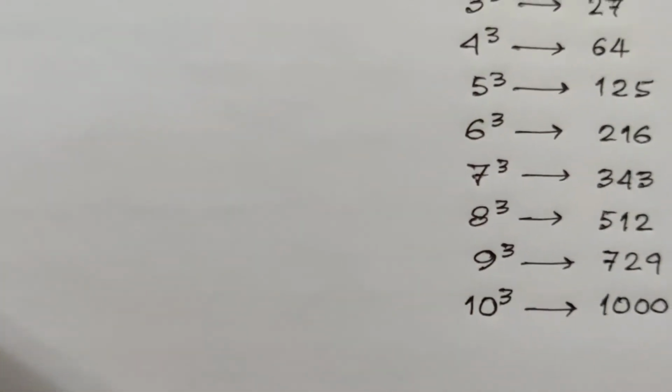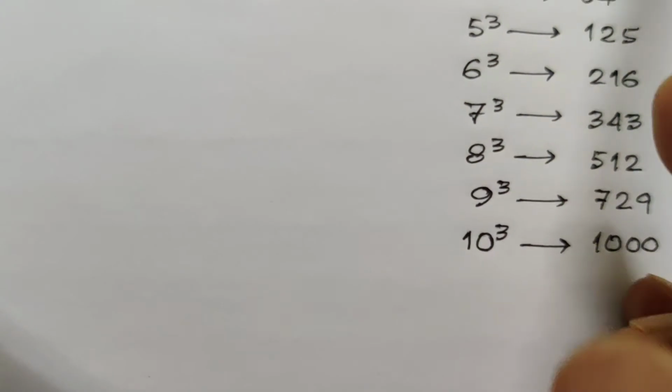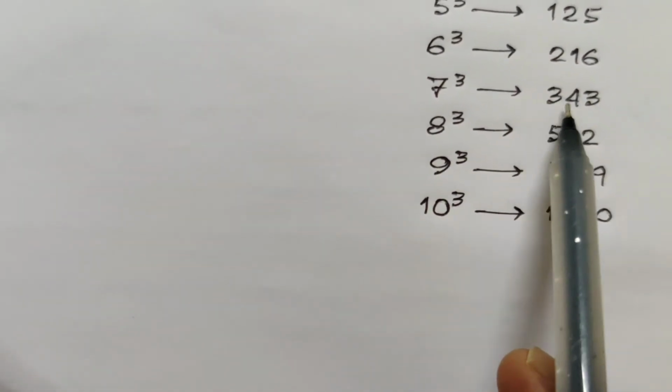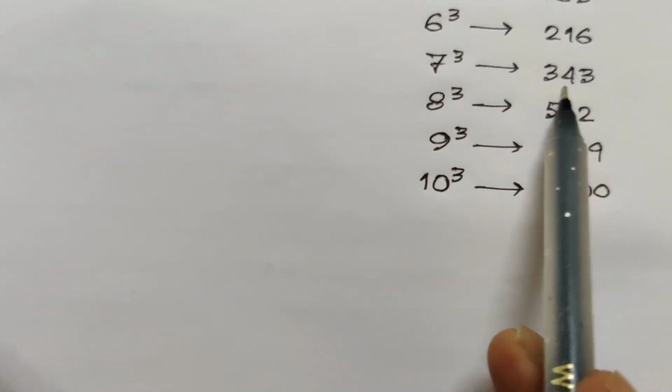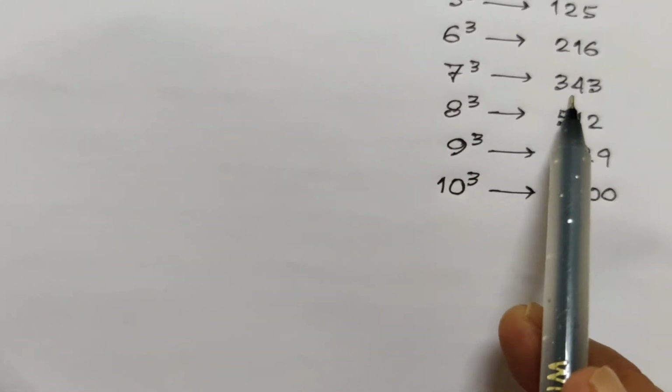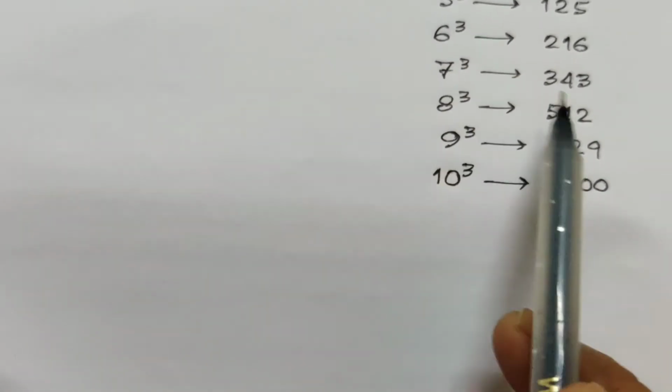According to this chart, 389 is just after 216 and 343, isn't it? It comes before 512. When it comes before 512, you have to take 7. If it comes after 512, then you have to take 8.